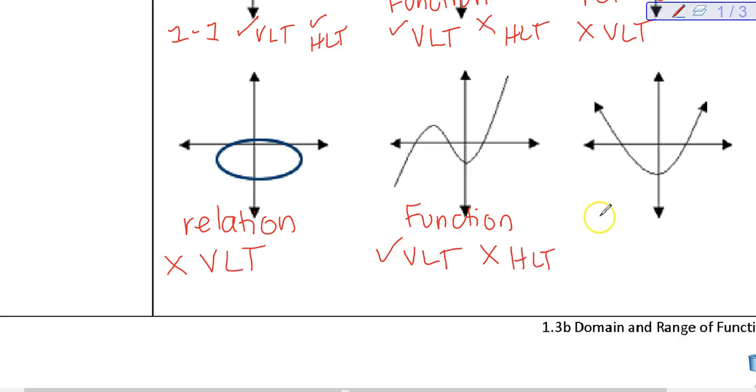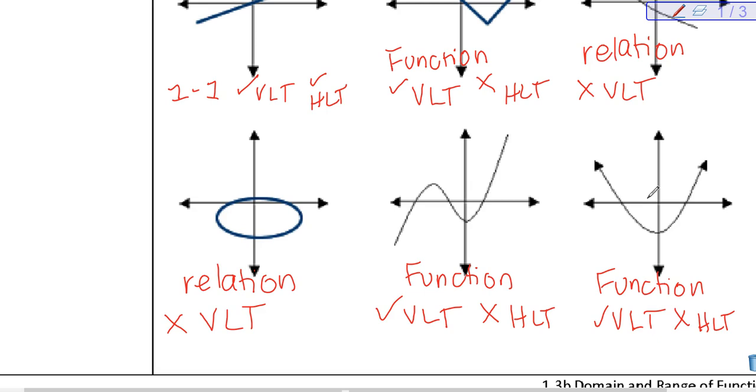Last one. Function. Yep. Passes the vertical line test, fails the horizontal line test. Anybody have questions about that? Anybody need to see me trail a vertical line across any of those graphs, or you're good to go?